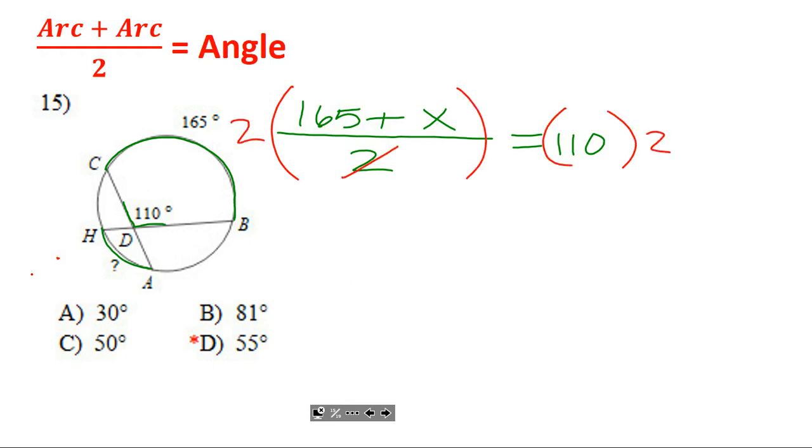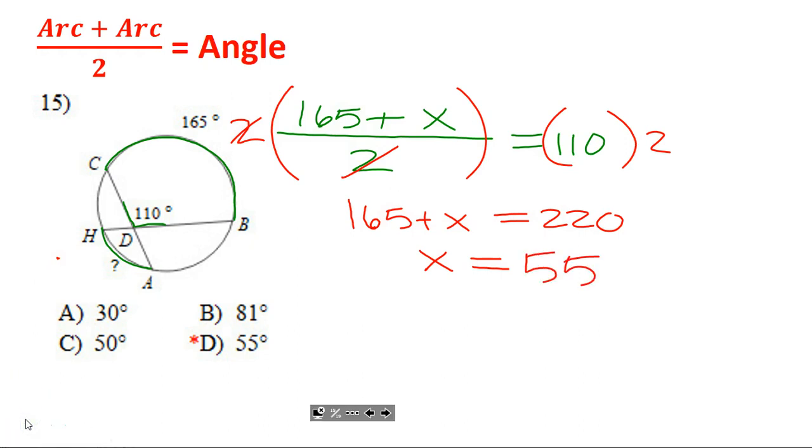So now that cancels out. So we get 165 plus x equals 220. We're going to subtract 165 from both sides. So x is equal to 55. So our answer is 55 right here.